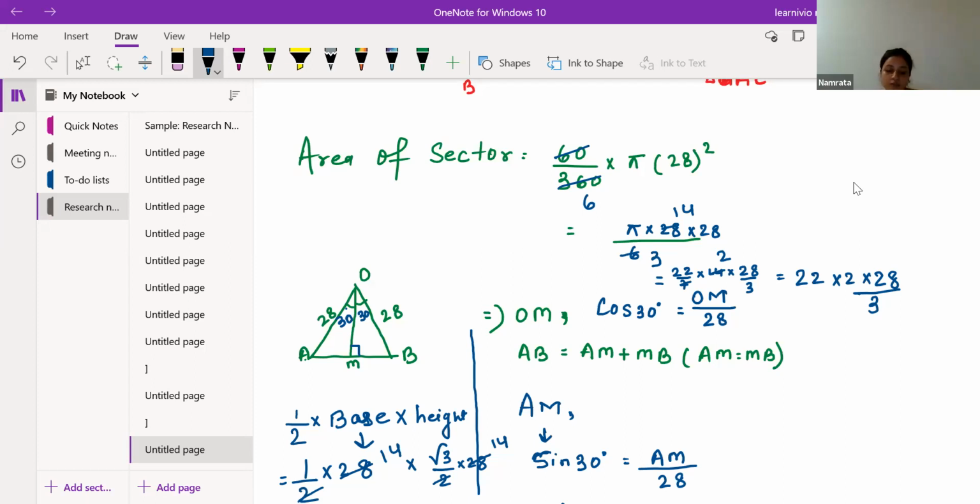We are having 22 times 2 times 28 divided by 3.